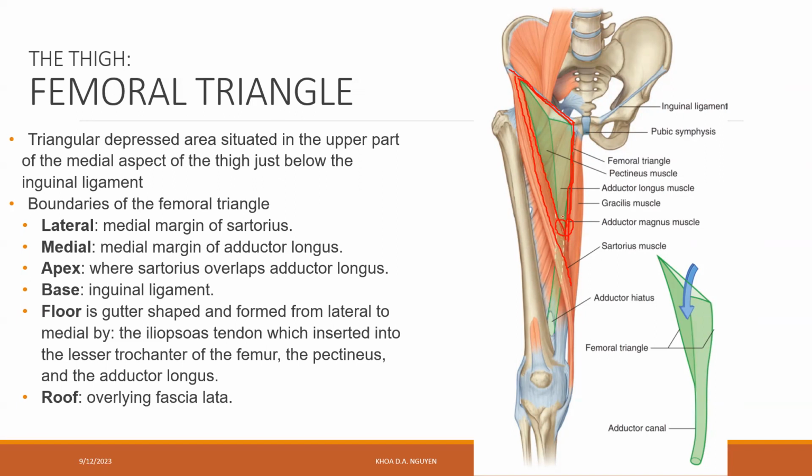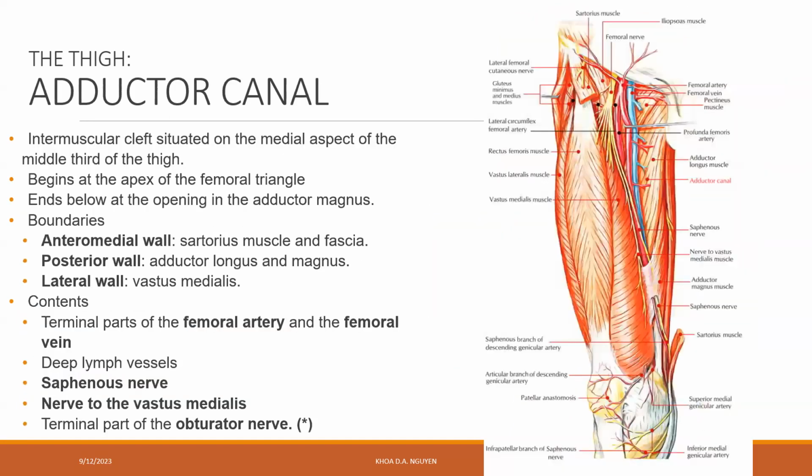Therefore, the femoral artery and vein and a part of the femoral nerve, because it's not the full femoral nerve anymore, is going to go through this apex and enter this tube right here. You see that? That tube is the adductor canal. And so the adductor canal is this place right here that the femoral artery, femoral vein, and some parts of the femoral nerve are going to go through.